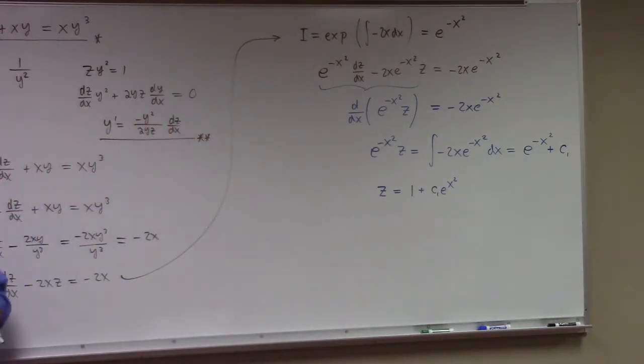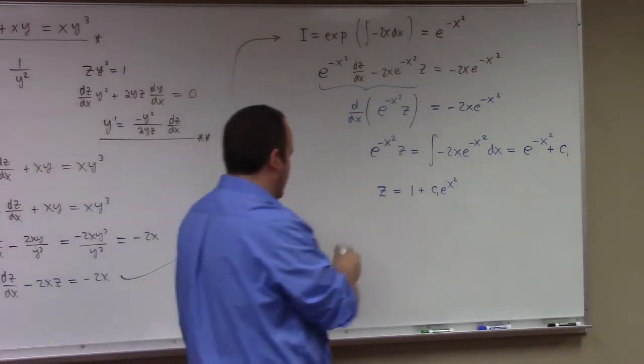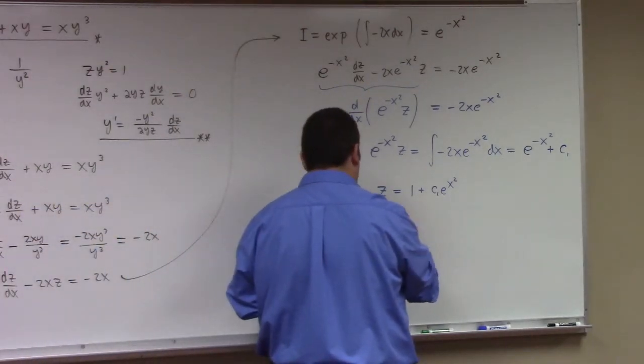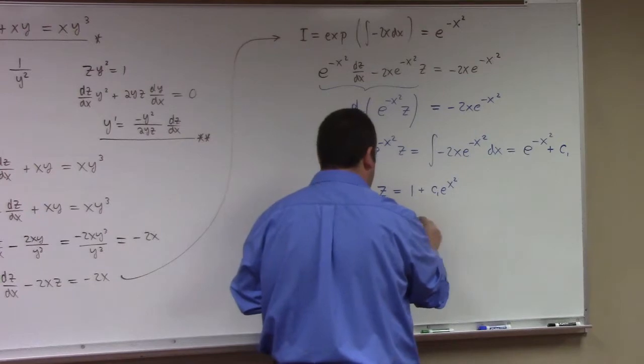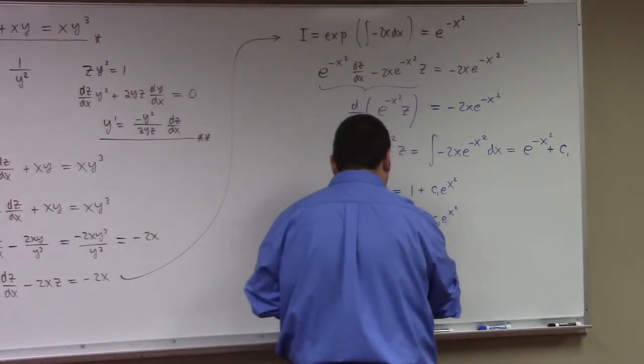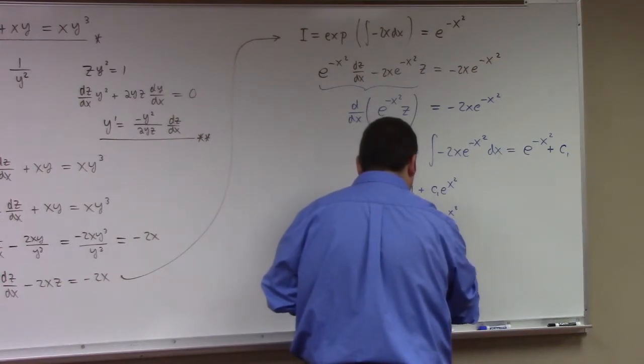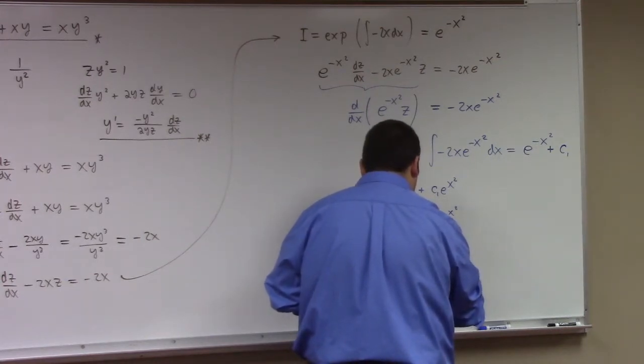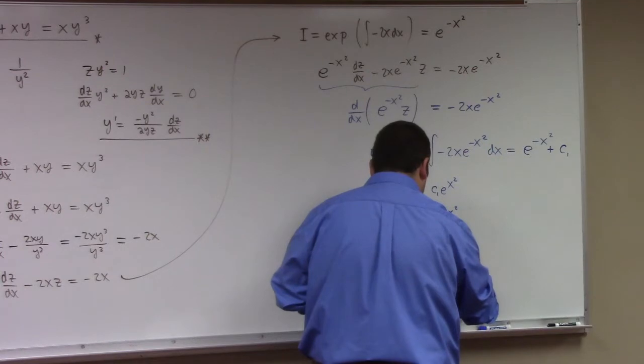But what is z? Right, so apparently 1 over y squared is equal to 1 plus c1 e to the x squared, which then tells me that y is plus or minus 1 over the square root of 1 plus c1 e to the x squared.